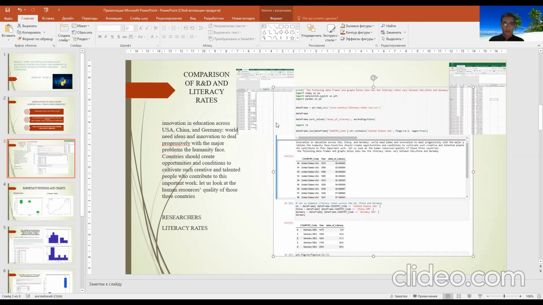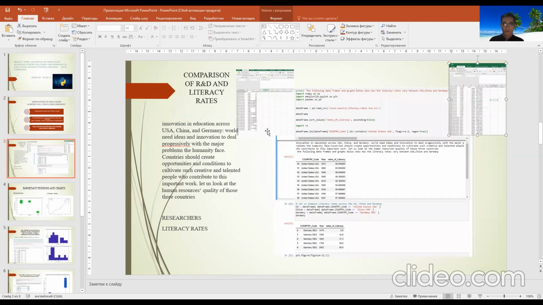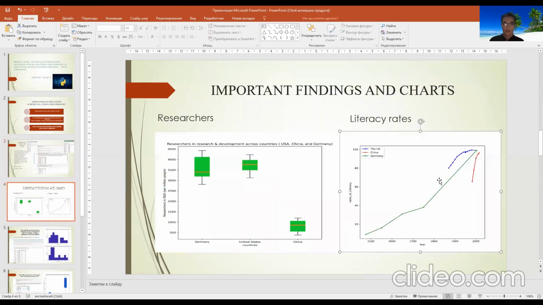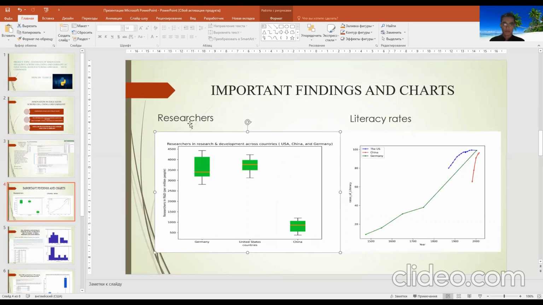For this, I collected two data sets and put them into Jupyter Notebook and coded them, and I got this chart. So you can see here the literacy rates chart and researcher charts for the countries. Here you can see the lines relevant to the following countries.